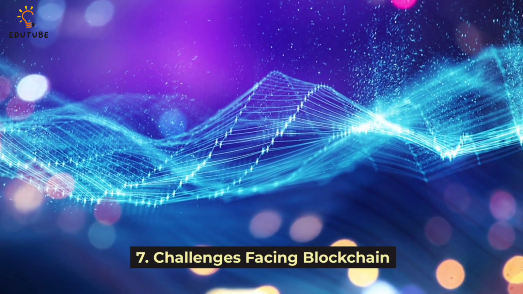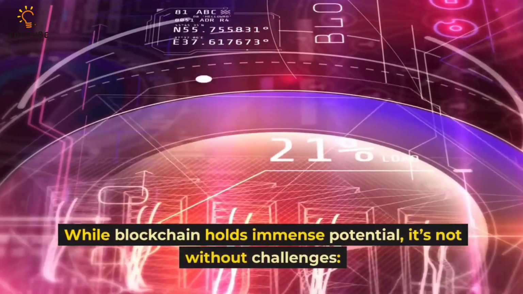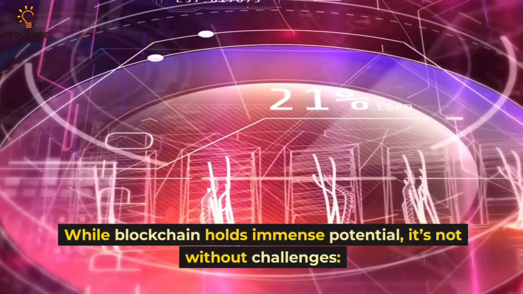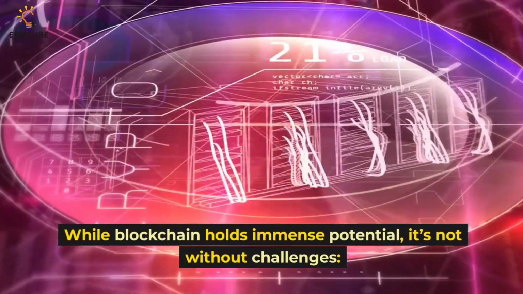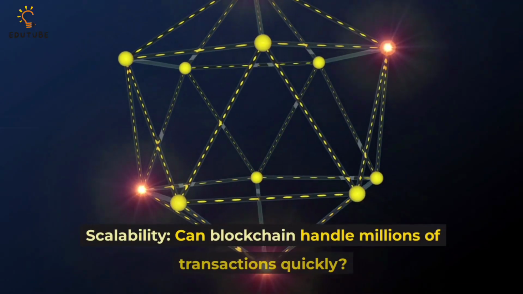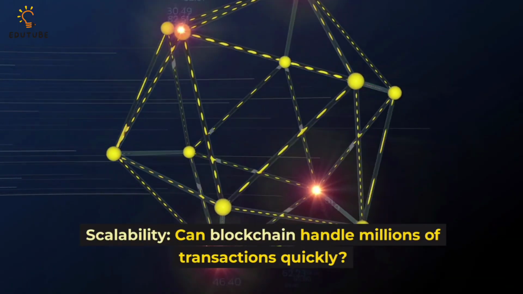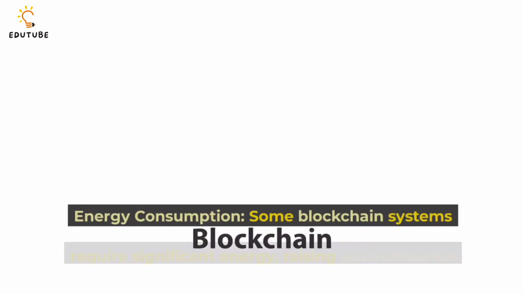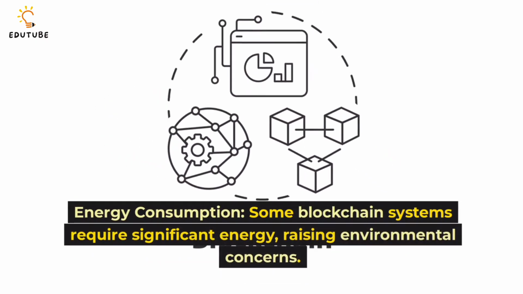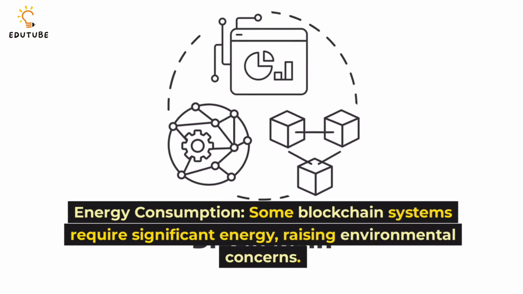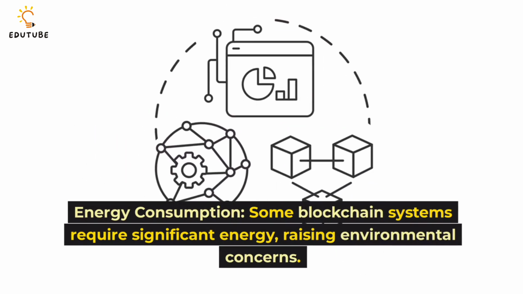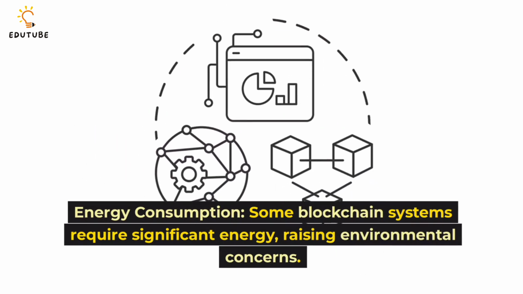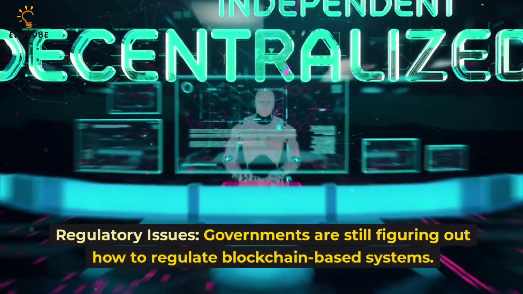7. Challenges facing blockchain. While blockchain holds immense potential, it's not without challenges. Scalability. Can blockchain handle millions of transactions quickly? Energy consumption. Some blockchain systems require significant energy, raising environmental concerns. Regulatory issues.